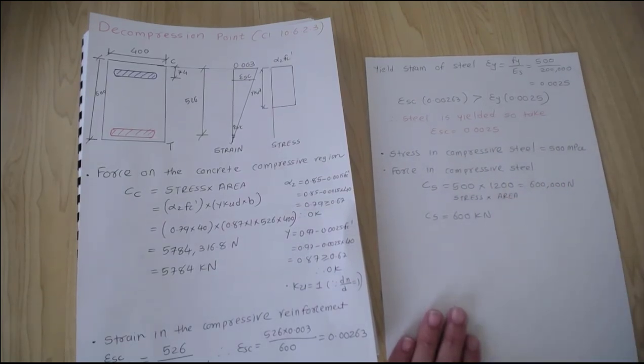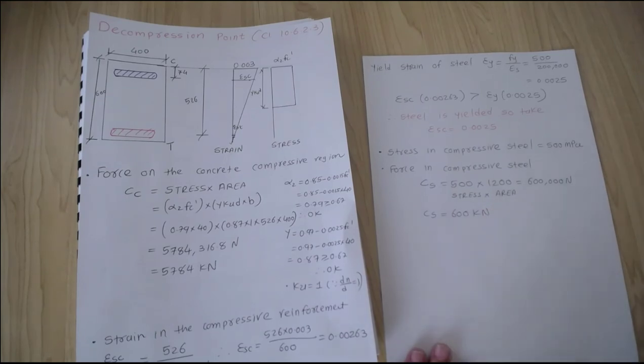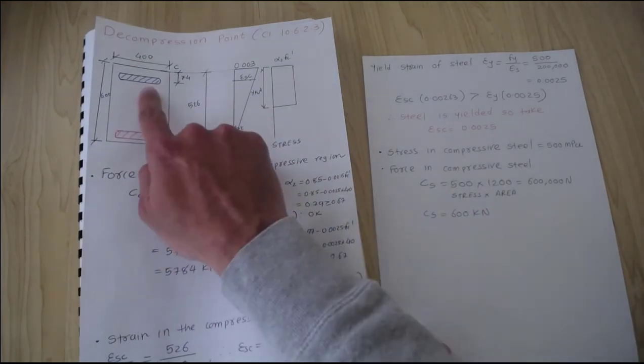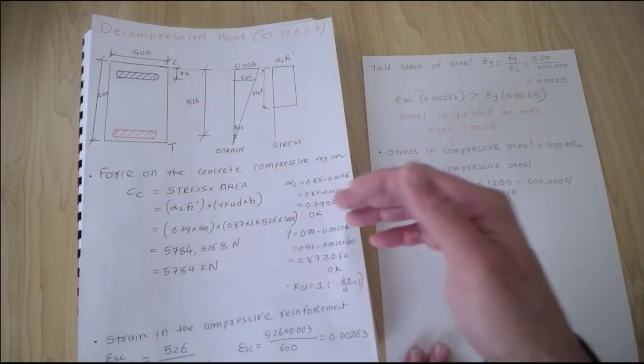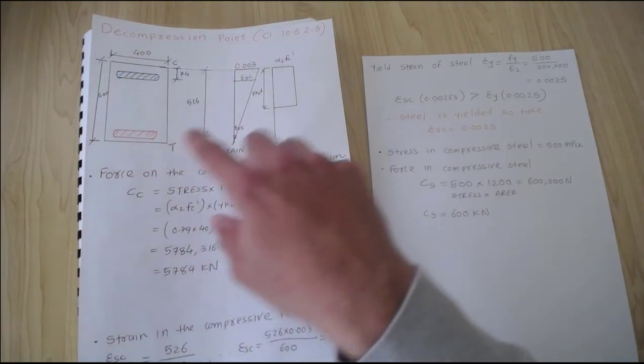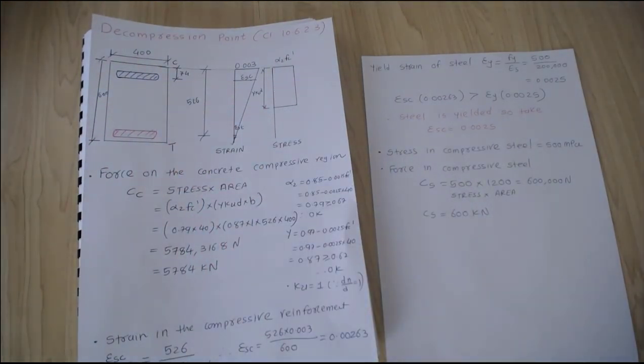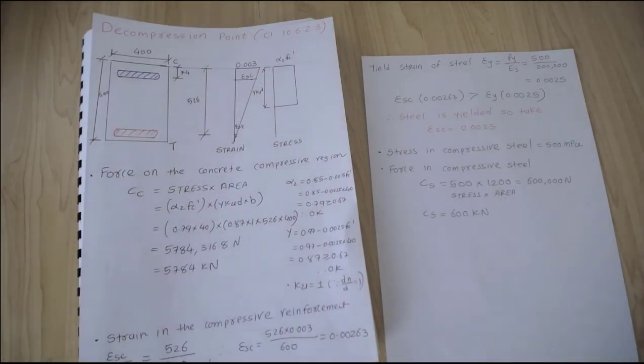So this is the force in the compressive steel. In the next videos we will calculate the force in the tensile steel, and then the moment at this particular point, the decompression point. We stop here. Thank you.